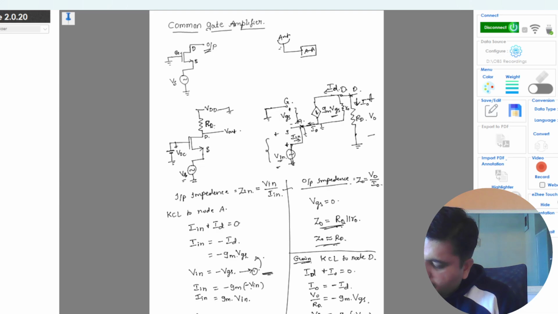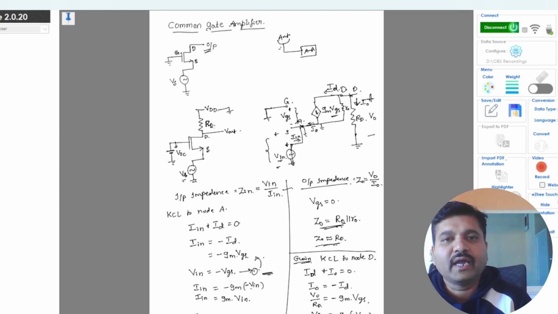So this is V0 by RD. I can take this to the denominator. This becomes V0 by V in is equal to plus GM into RD. This is the expression of gain for the common gate amplifier.